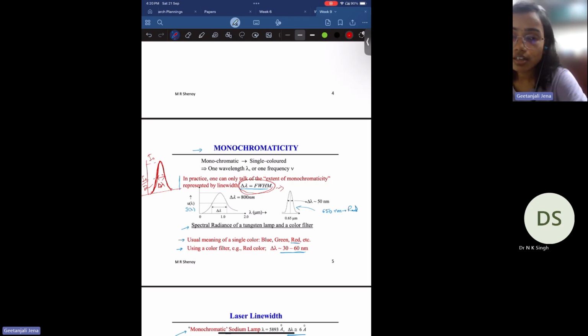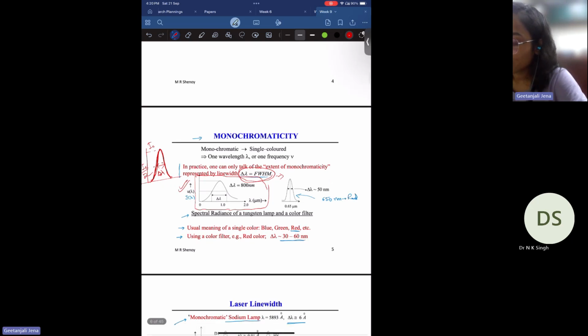We have seen two example sources. One is the tungsten lamp, whose spectrum looks like this, and the delta lambda for this source is around 800 nanometer.